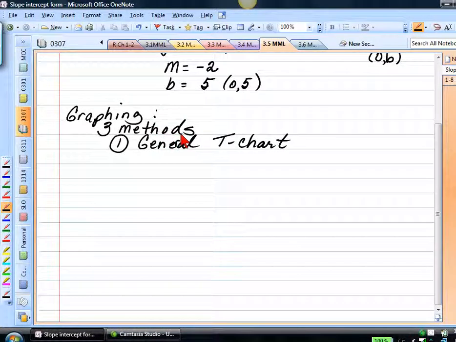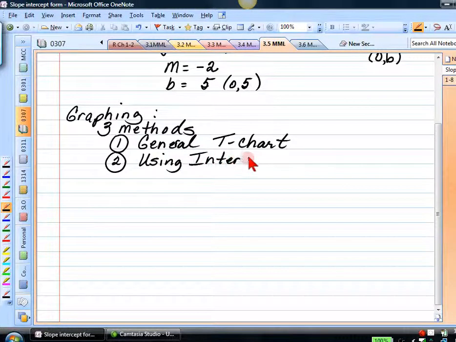Number 2, the other way is using intercepts. Using intercepts, the way I do it, also involves a T-chart, but it's a very special T-chart. What do you have to include for it to give you the intercepts? Zeros. 0 for x and 0 for y. So we've had 2 techniques, and they've been very closely related.